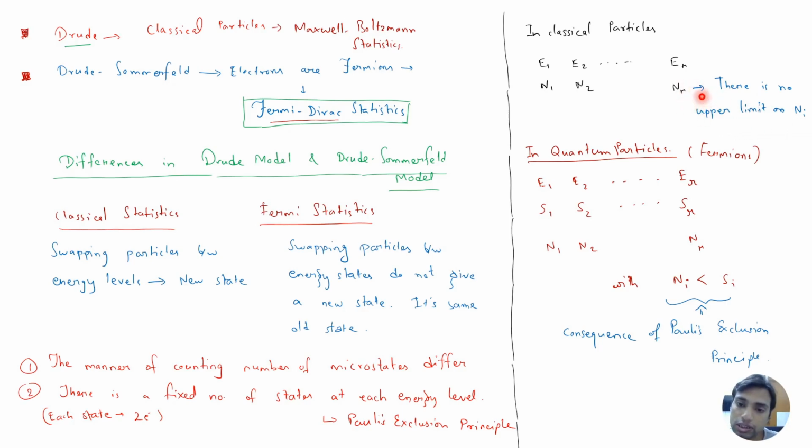However, in quantum particles, the number of particles which can occupy energy Ei has an upper limit Si, where Si is the number of states at energy Ei. This is a consequence of Pauli's exclusion principle, and it plays an important role in determining the Fermi-Dirac statistics.